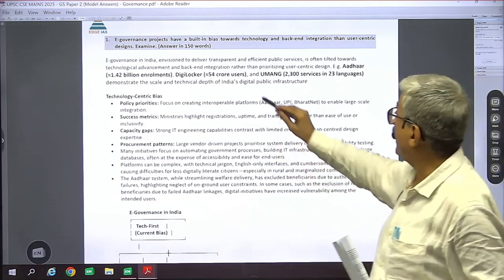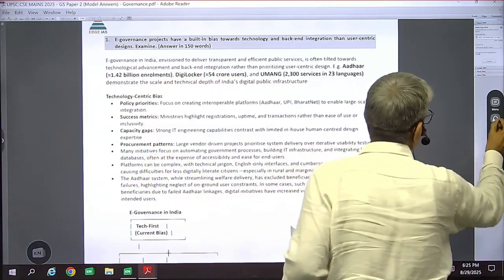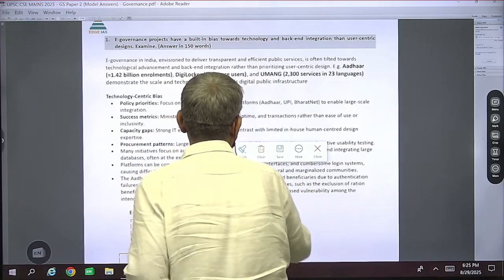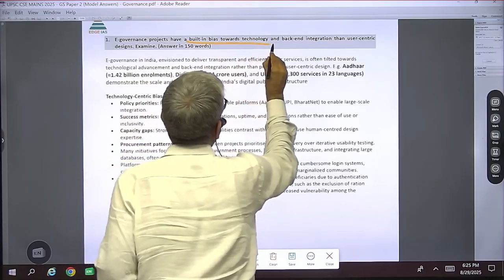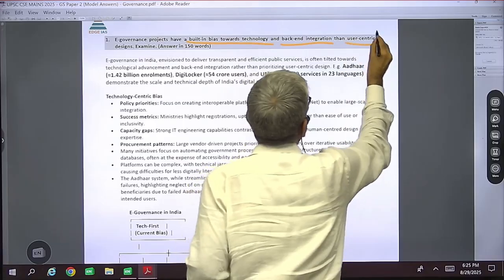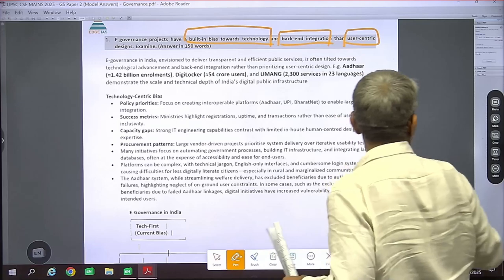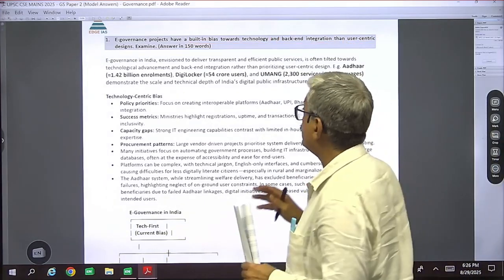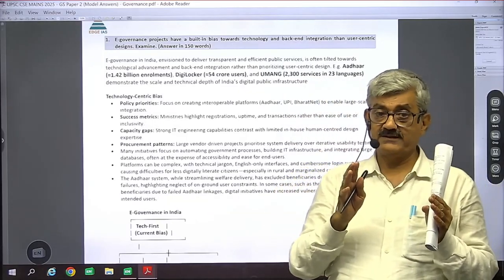Right now, we have a question saying that we have a built-in bias towards technology and back-end integration rather than being user-centric. These are the key words, and the answer to this question has to focus on these points.